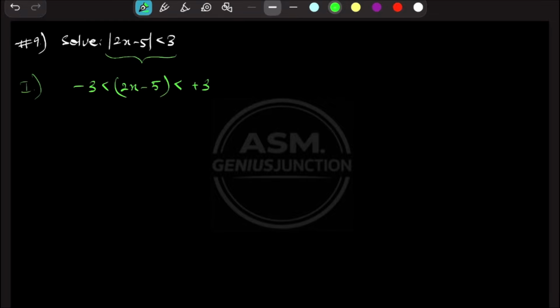Now, solving this inequality, I will add 5 to the complete inequality. I will get 2x on this side, less than 3 plus 5, which becomes 8, and greater than minus 3 plus 5, which gives you 2. So I can see that 2x lies between 2 and 8.